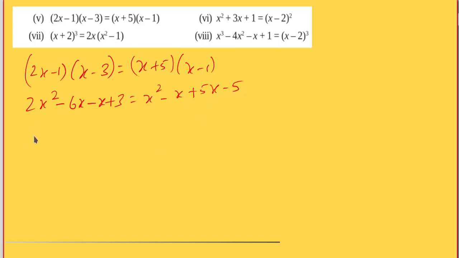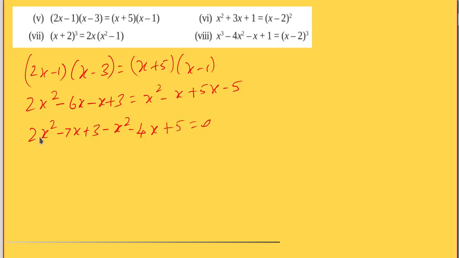Now bring everything to one side. So 2x², −6x − x becomes −7x, + 3, and bringing this to the left-hand side, − x² − x − 5x. Plus 4x, if you bring this side, becomes −4x. This −5 becomes +5 = 0.